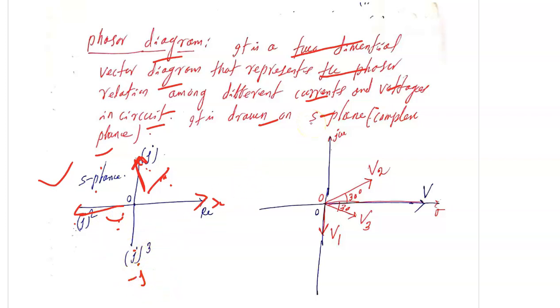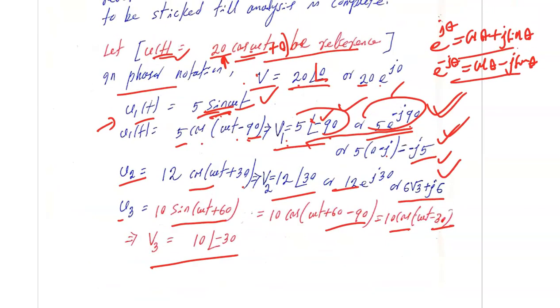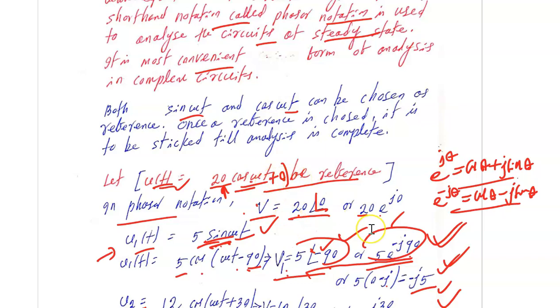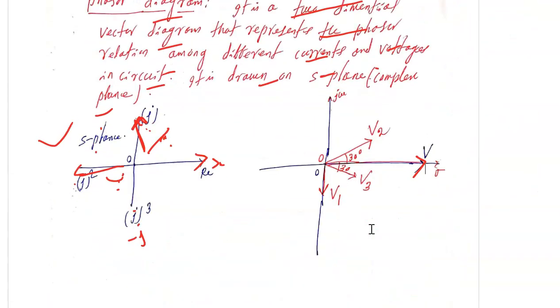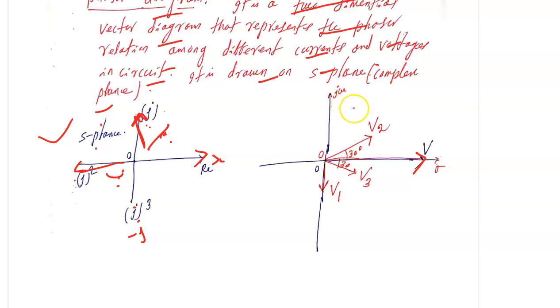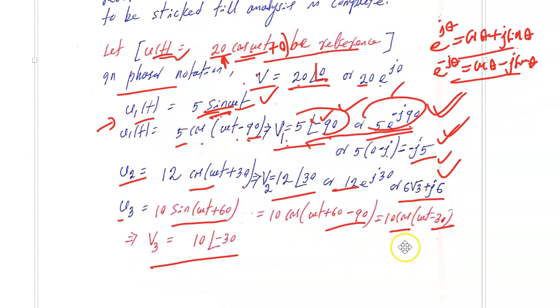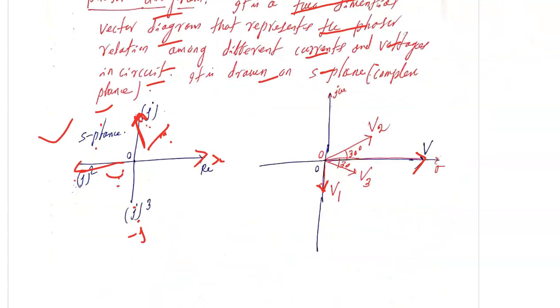In our earlier example, the input voltage V is your reference, that is 20 cos omega t, so this is your 20. Then this is V1, whose phase is minus 90. See, V1 is 5 angle minus 90 degrees. How do we represent the degree?